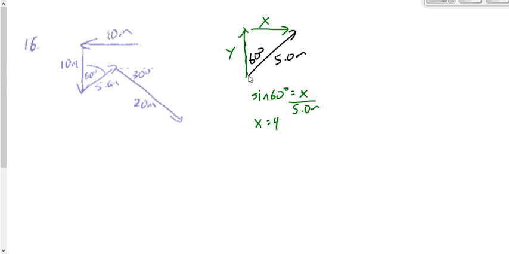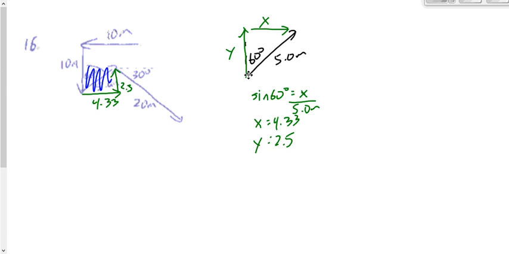And x is going to be equal to 4.33. Y is 2.5 because it's the opposite side. Sorry, the adjacent side. So we're going to do this. 4.33 and 2.5. Scratch that out. It's gone.